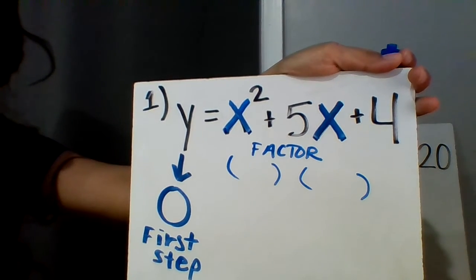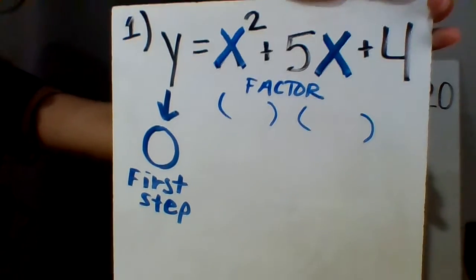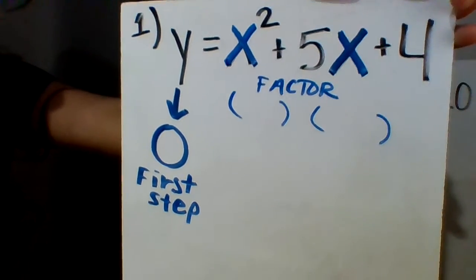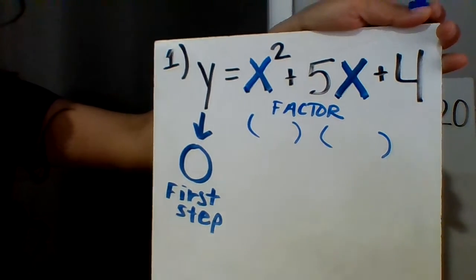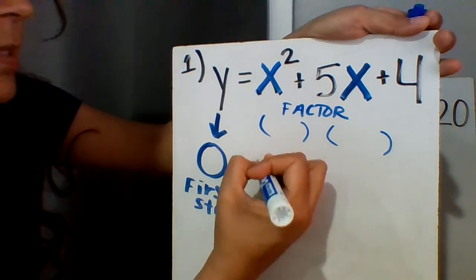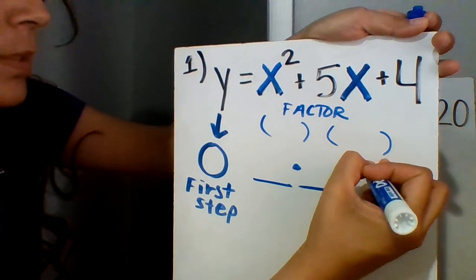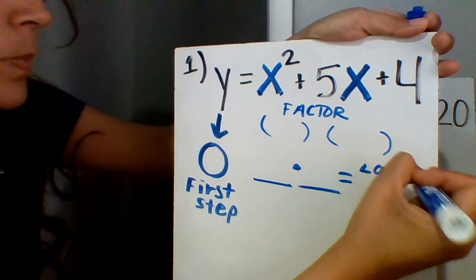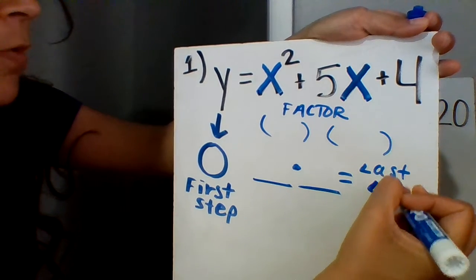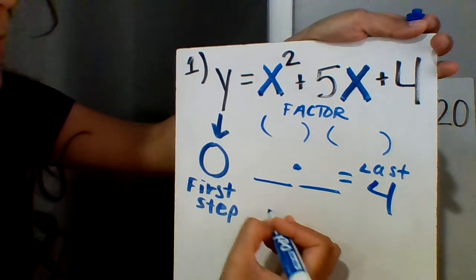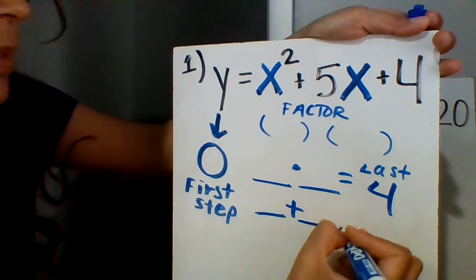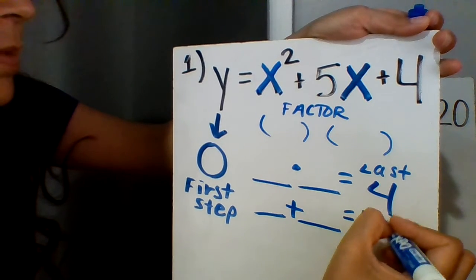Now, the way you factor this trinomial is you want to use the double setup, if you remember that lesson. The double setup goes like this. Something times something equals the last number. In this case, the last number is 4. And then it's something plus something equals the middle number.